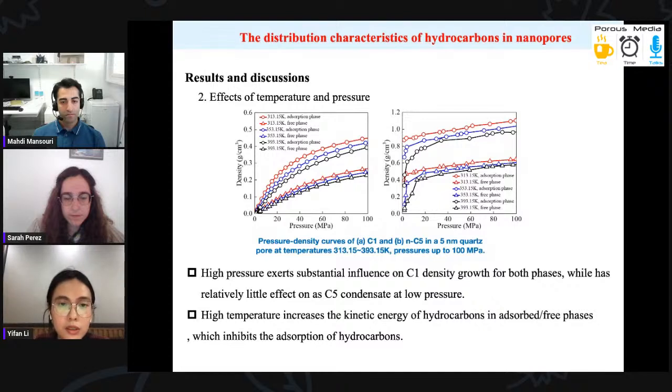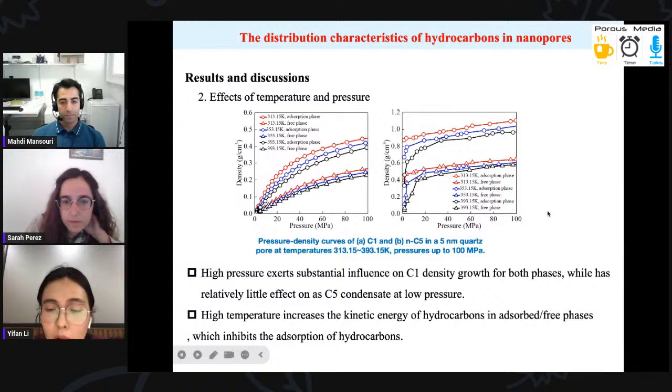However, we can observe that the shapes of the curves rising with pressure are quite different. For pentane, say at 393 kelvin, the vapor pressure is around 0.8 megapascal in the bulk phase.